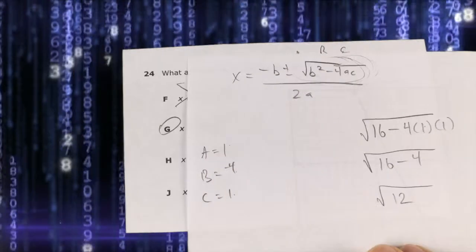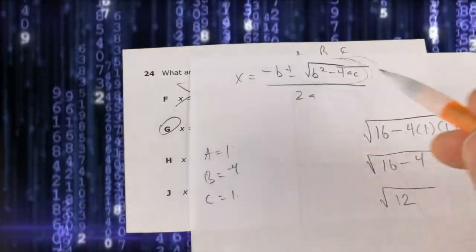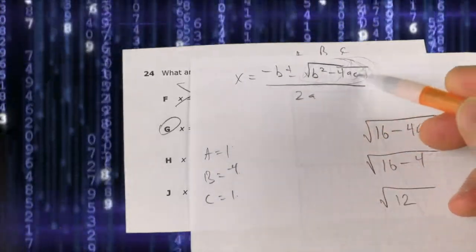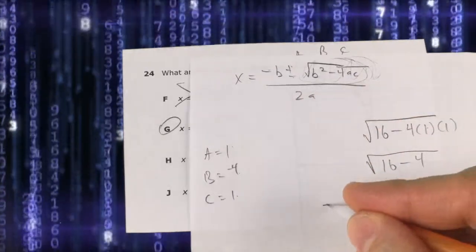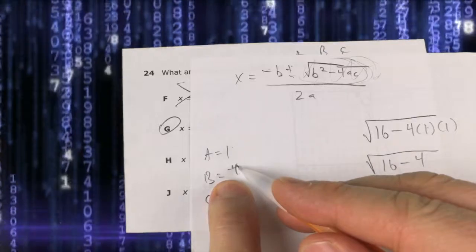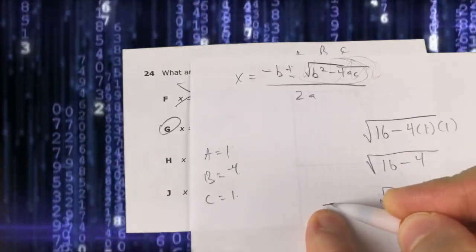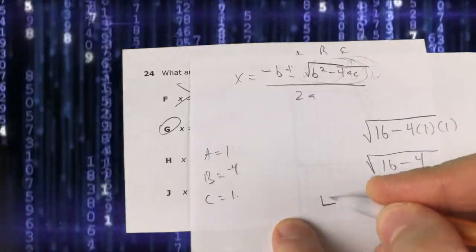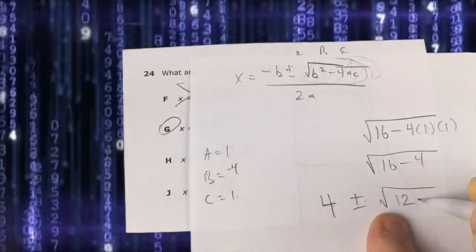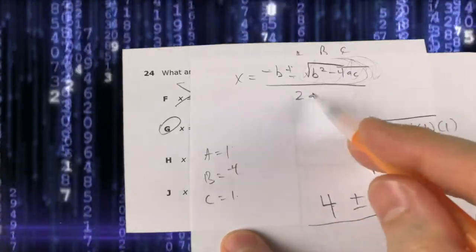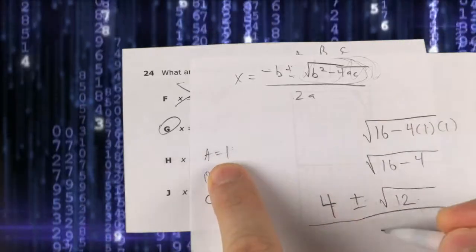All right? So now we took care of all this. Let's take care of negative b and plus or minus part. Negative b, well, b is negative 4. What's the opposite of negative 4? That'd be positive 4. So really it's just 4 plus or minus square root of 12 divided by 2 times a, and a is 1.